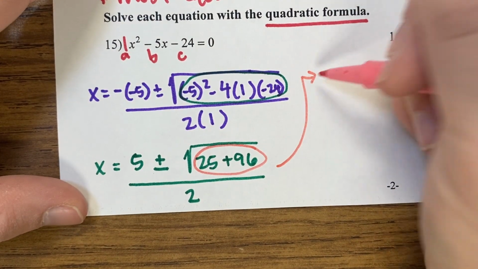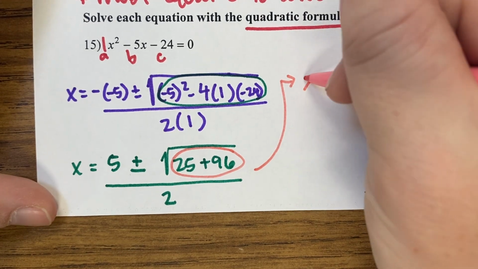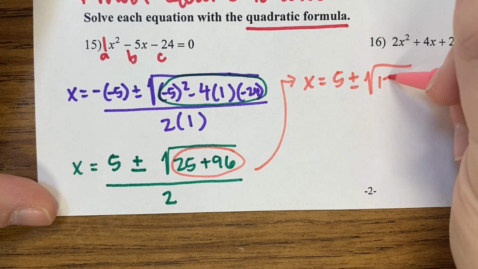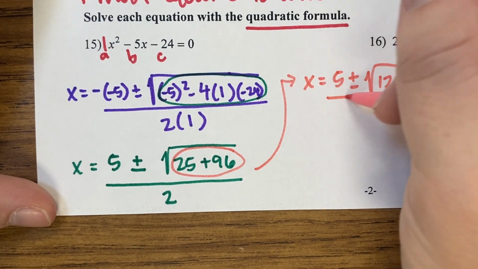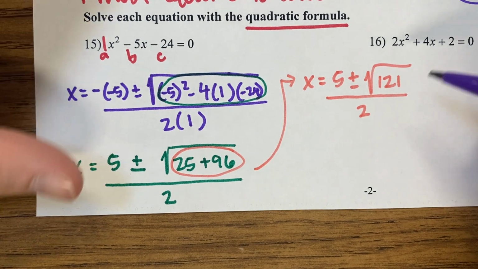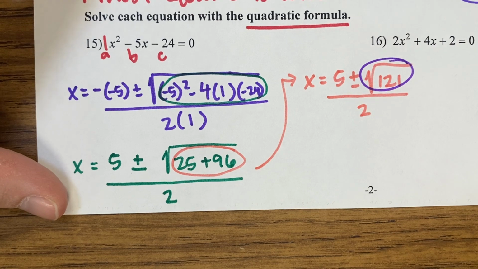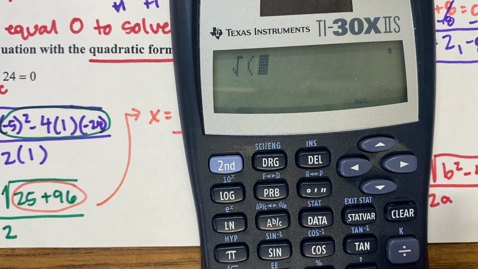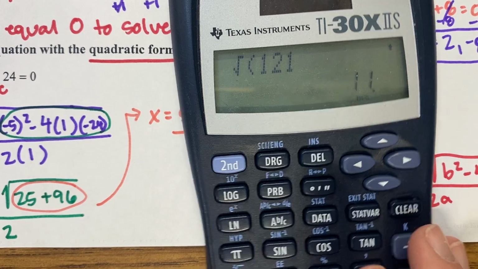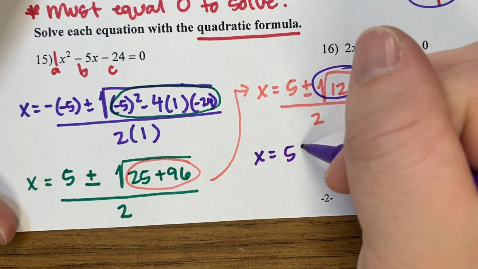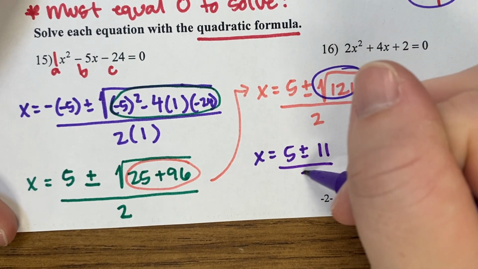I'm going to rewrite this over here where we have more room. We still have x is equal to 5 plus or minus the square root of 121 over 2. What is the square root of 121? This is going to give us a nice number. Square root of 121 is 11. So now I have x is equal to 5 plus or minus 11 over 2.